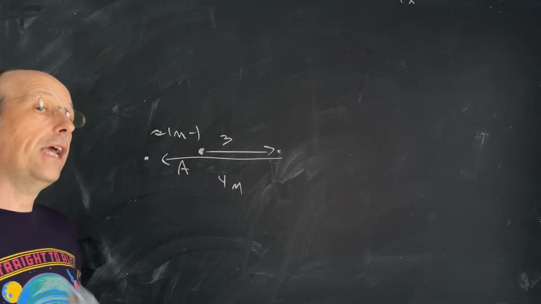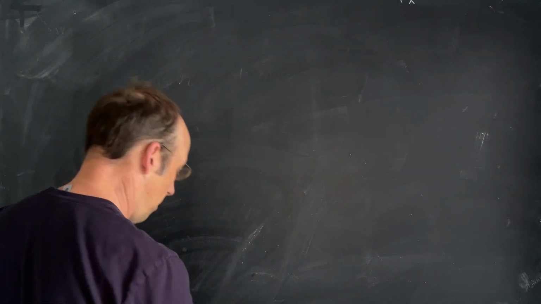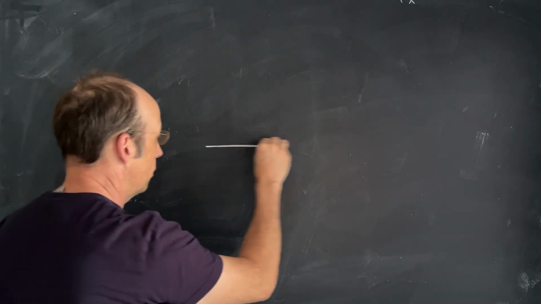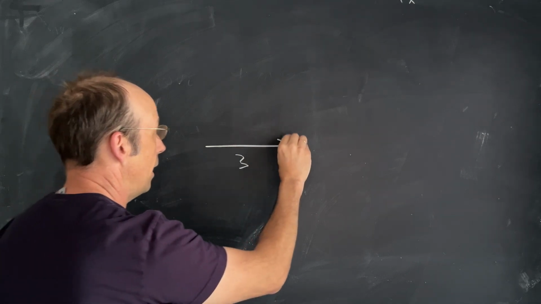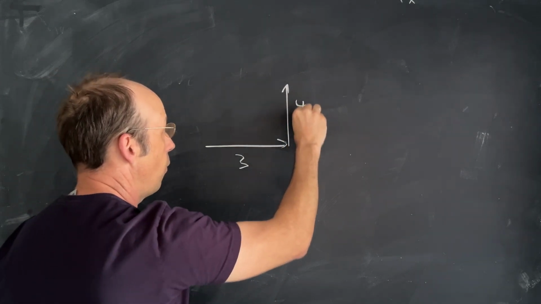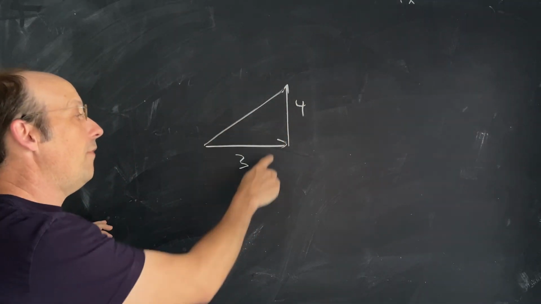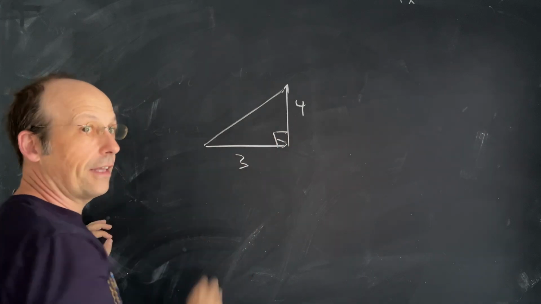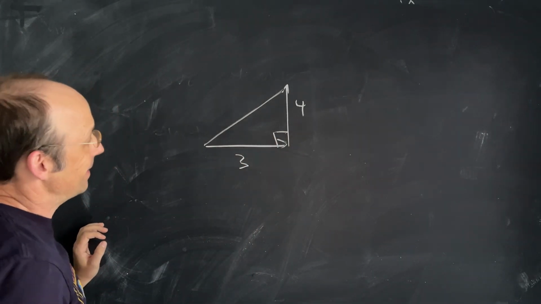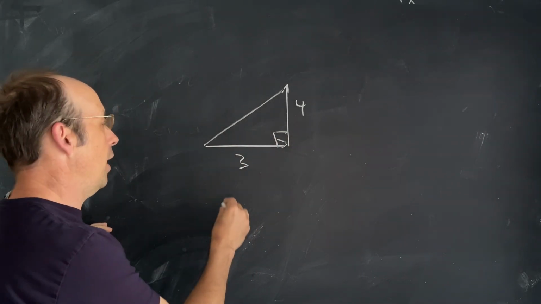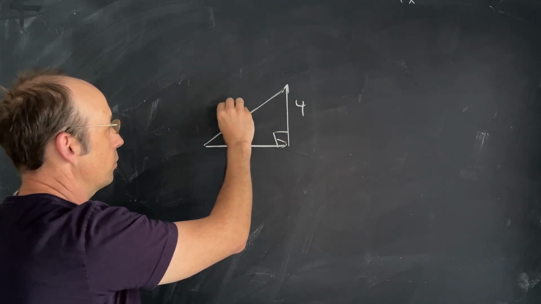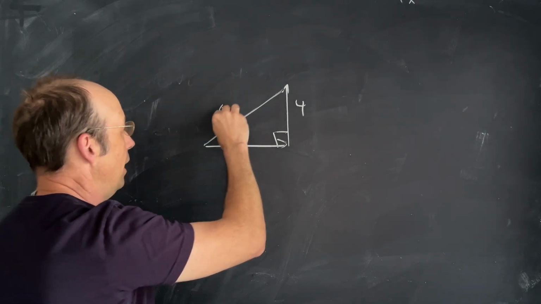Now let's do one other case that we could calculate. Imagine that I go here, 3, and then I go up 4. How far is this? Well, if I took a right turn here, that's a right triangle. That's kind of nice, right? So in a right triangle, I can say this distance, which let's call just S for now.